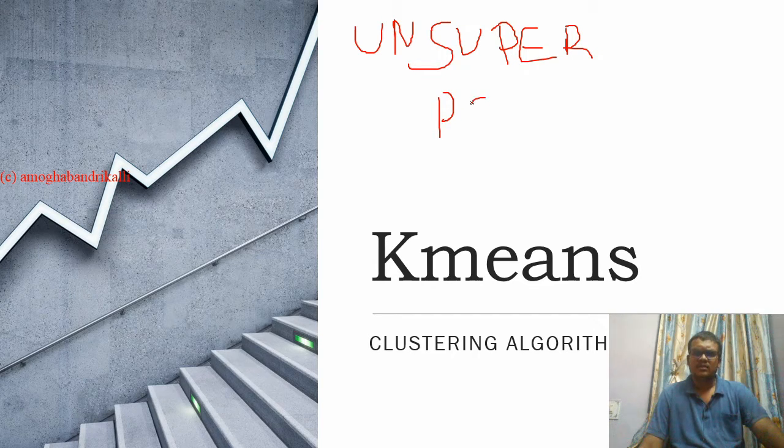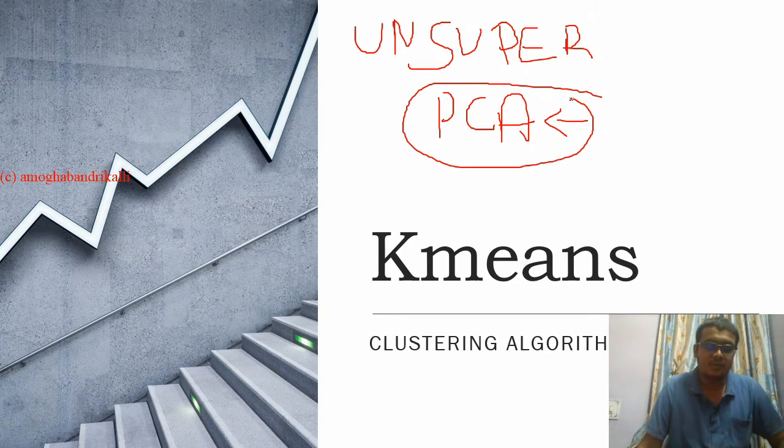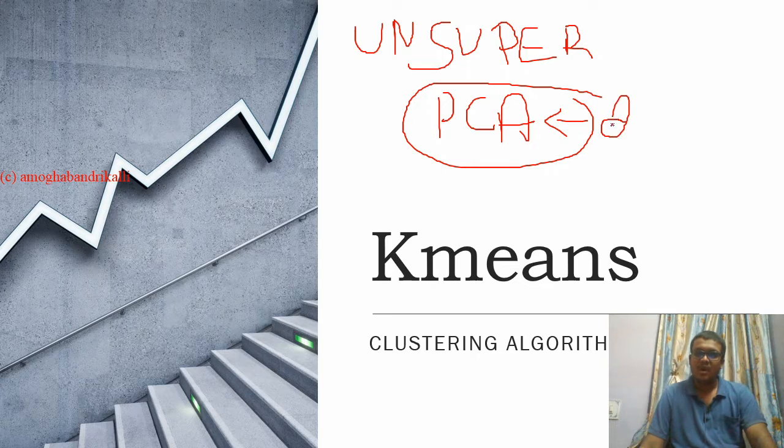There is another method called PCA, principal component analysis, which is used to decrease the feature sizes. As we discussed earlier, PCA has been used to decrease the feature sizes of our images, and that is also one of our unsupervised machine learning methods, used for dimension reduction.